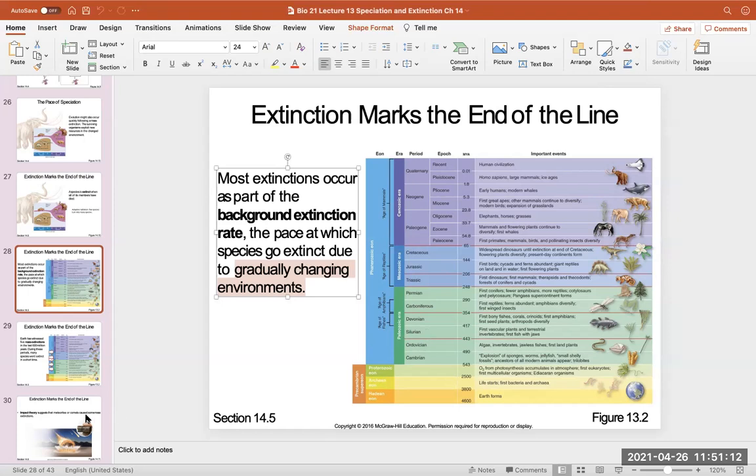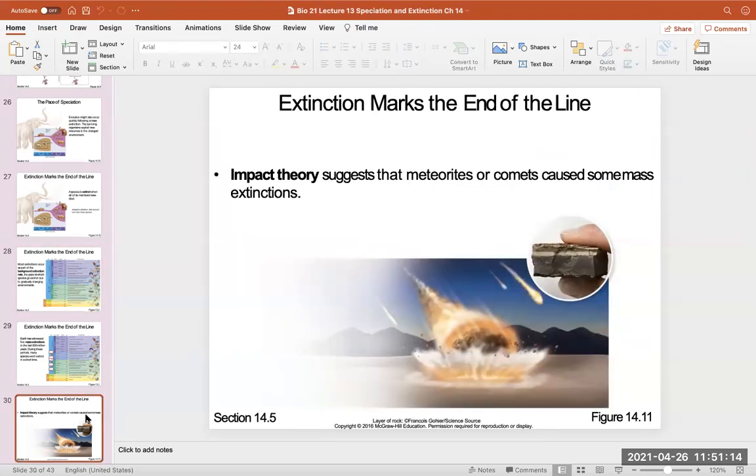What is impact theory? Actually, before you answer that, I have another question. What causes mass extinctions? Natural disaster, an event, yeah.